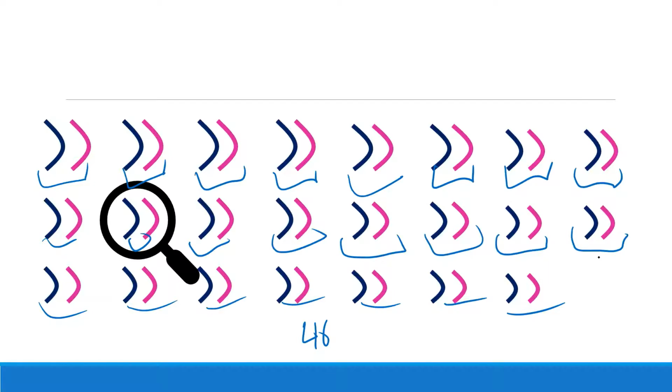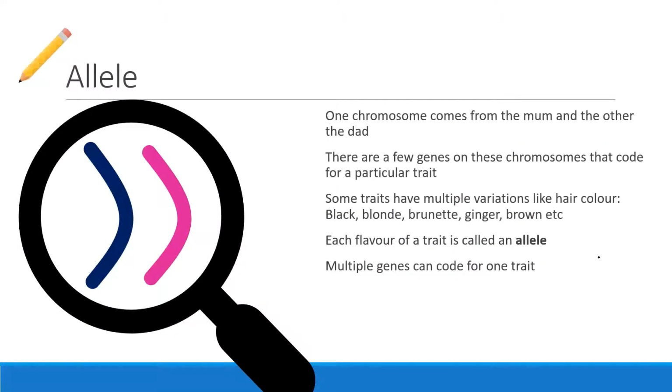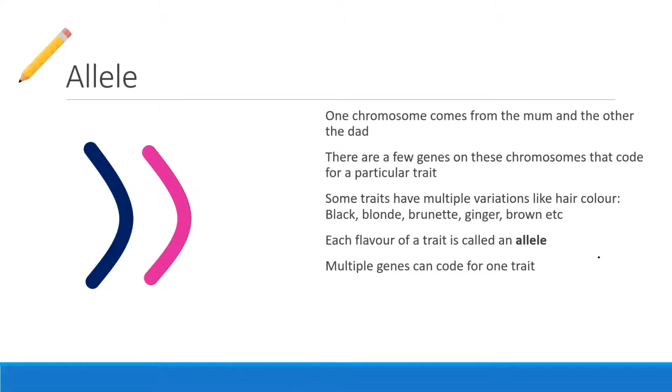We're actually going to look at one of these chromosomes. Let's grab a look at this chromosome here. Now, we've done this already. One chromosome comes from mom, the other from dad. So far so good, right? We even color code them to be pink and blue. One from dad, one from mom.